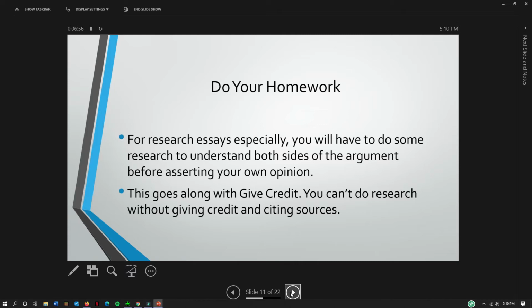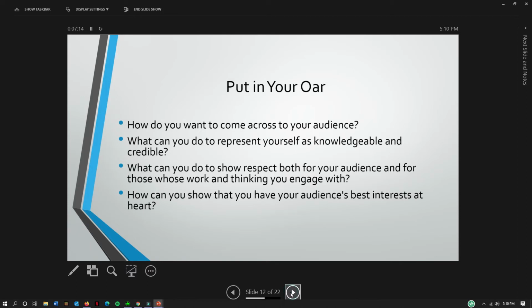So you can't do research without giving credit and citing sources. We'll get into that more when we get to your research essay. But you do need to understand both sides of the argument before you're just like, hey, this is how it should be. And then you put in your oar.